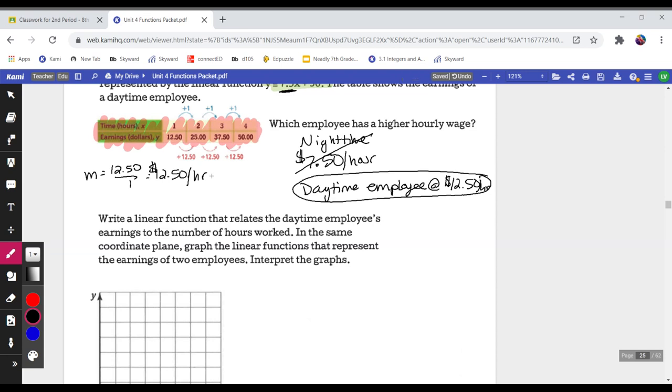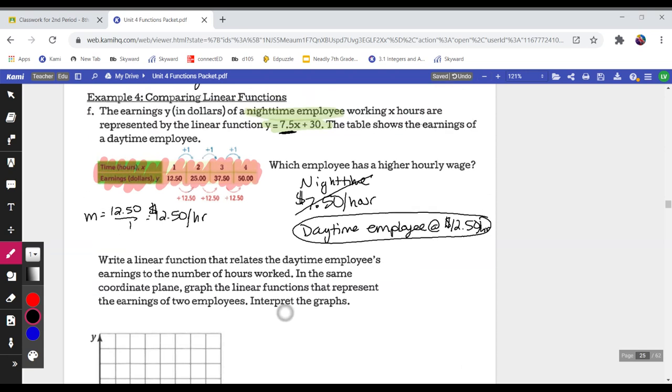So we're going to write a linear function that relates the daytime employee's earnings to the number of hours worked. Let's start with that. That's going to be y equals 12.50x plus, well, if I were to make this into a 0, I would subtract 12.50 because I subtracted by 1.